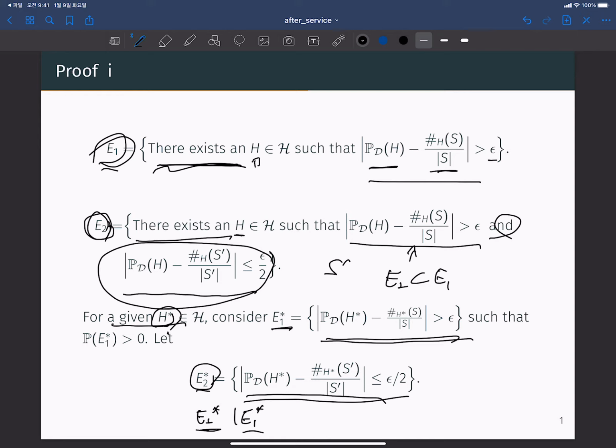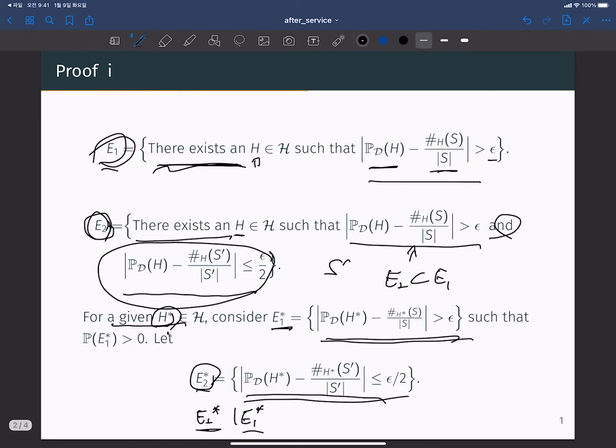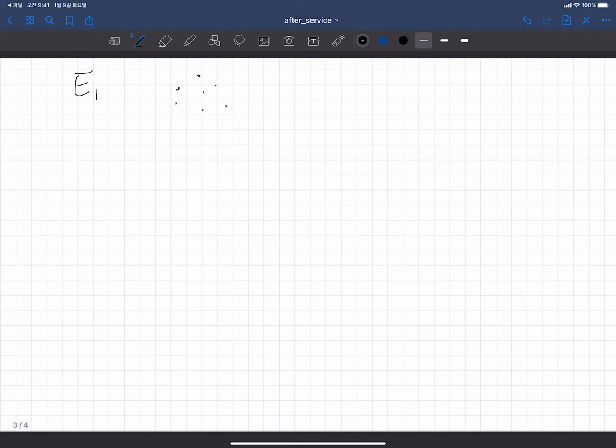Let me give you some image that could be more clear. Basically, the E1 condition says there exists any hypothesis. So when there are some hypotheses that satisfy the condition that the difference between training and test error is at least epsilon, E1 is true.